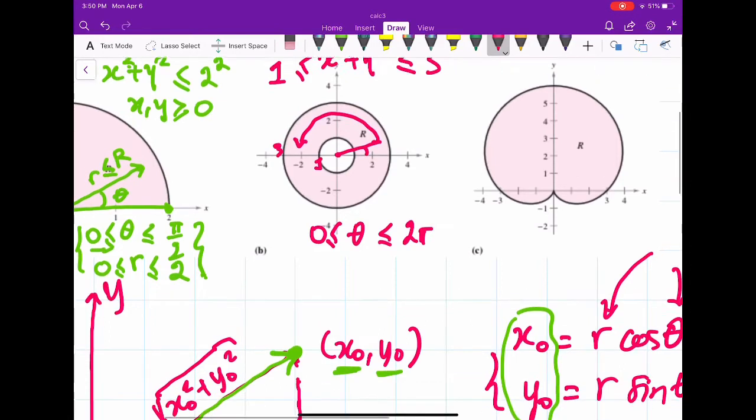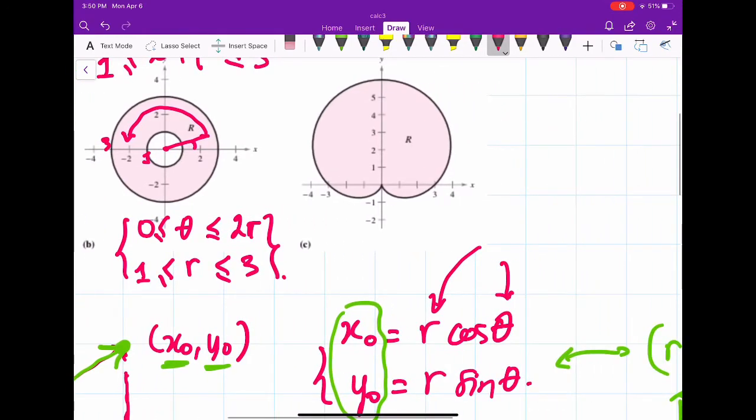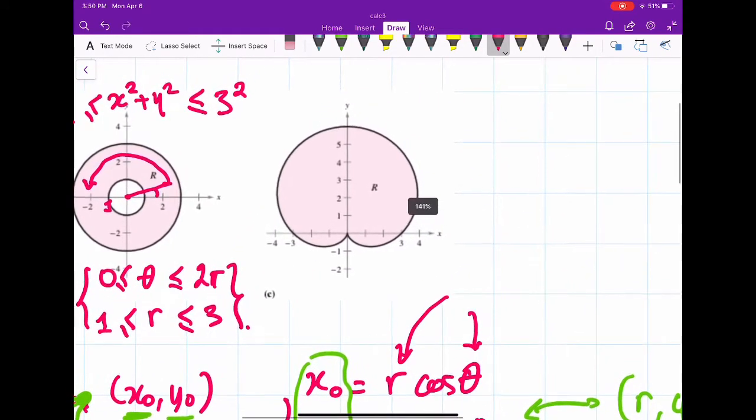And what is the radius r? The radius r is less than or equal to 3 and greater than or equal to 1. Make sense?